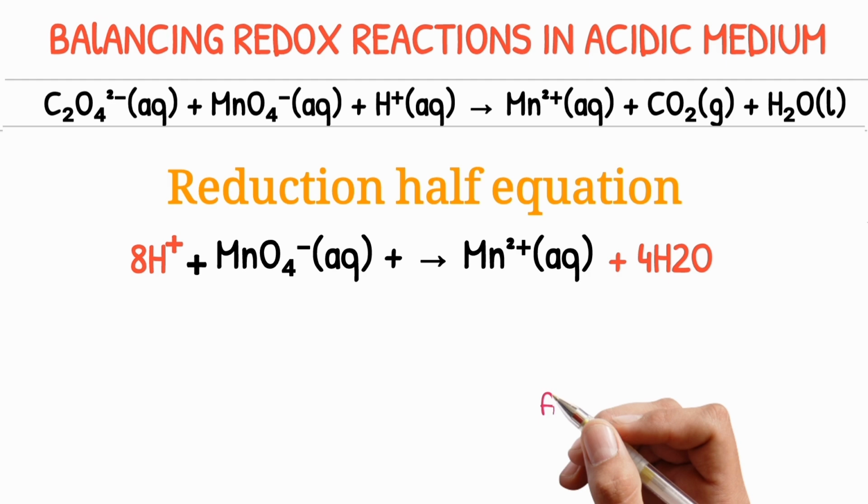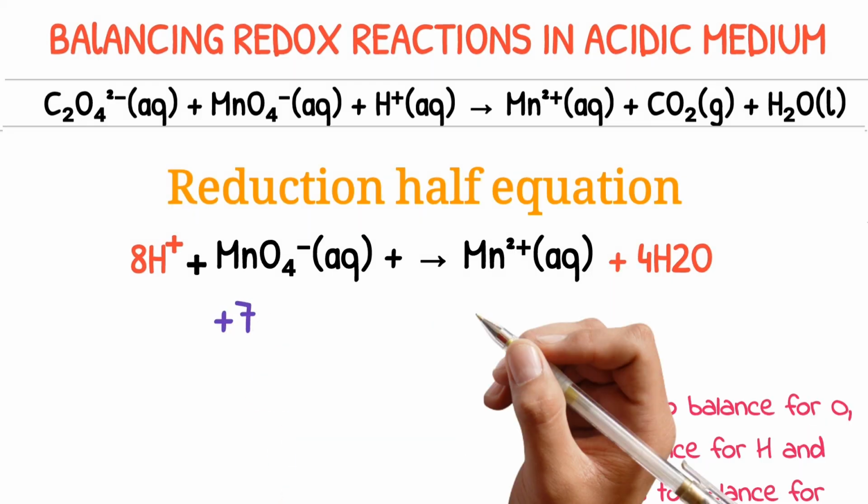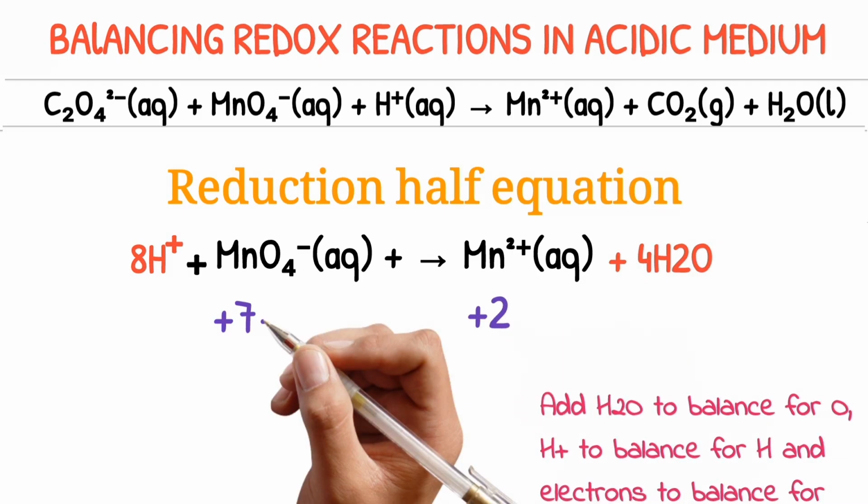Now, the oxidation number of manganese in permanganate ion was +7. Remember that was +7. And the oxidation number of manganese in the manganese 2 ion was +2.